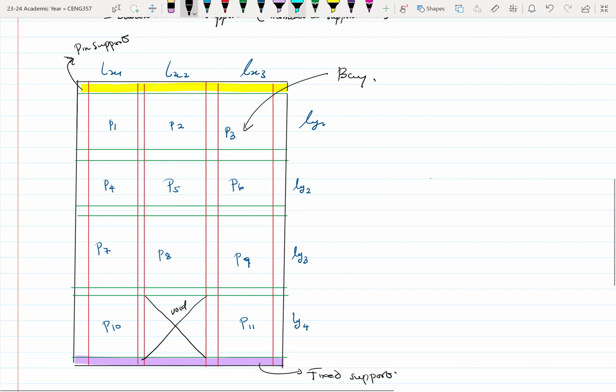Then let's look at the ones on this side, which is always difficult to see unless you shade, which is fine.